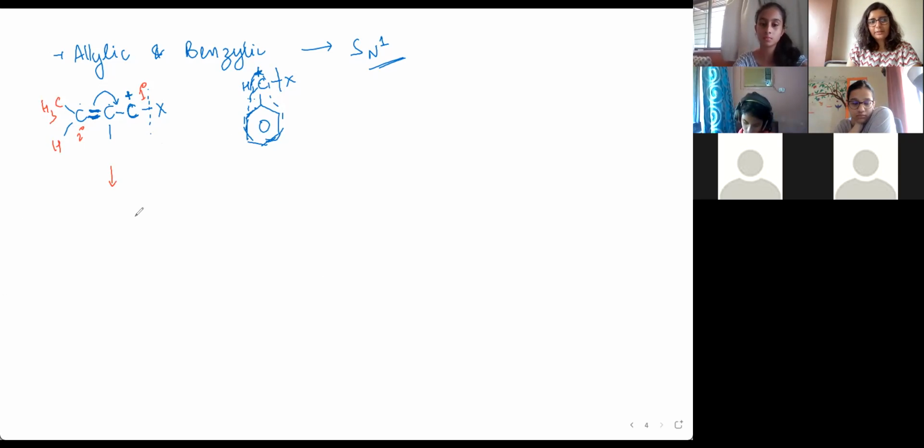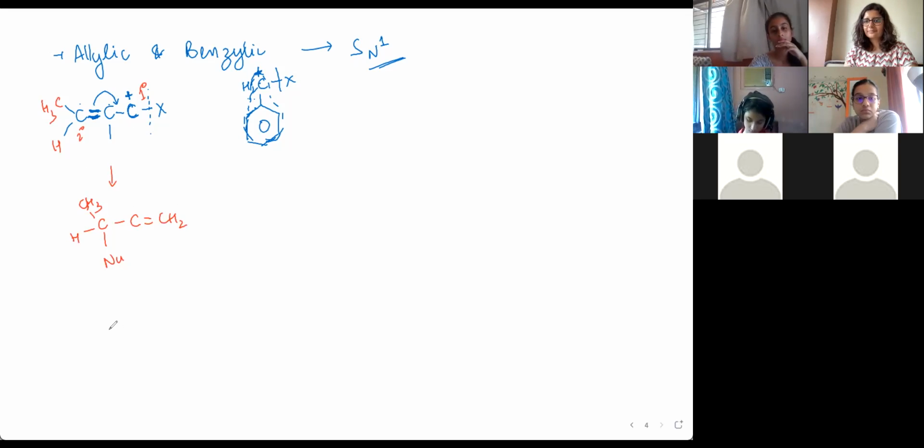So you might end up with something like this: double bond, CH2, C, CH3, H, and whatever nucleophile is attached here. So this is another example of a situation where rearrangement has taken place.